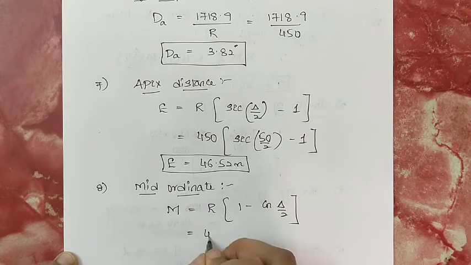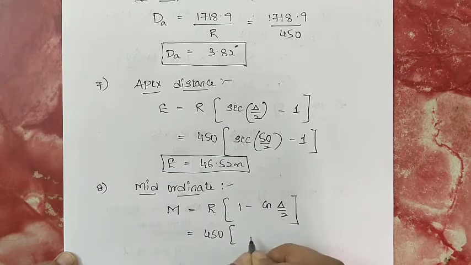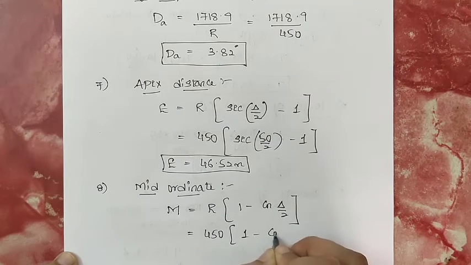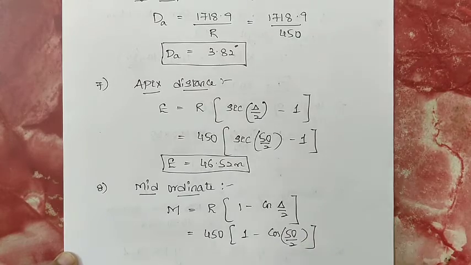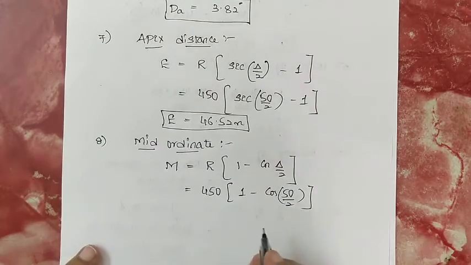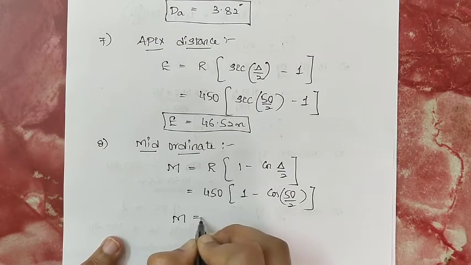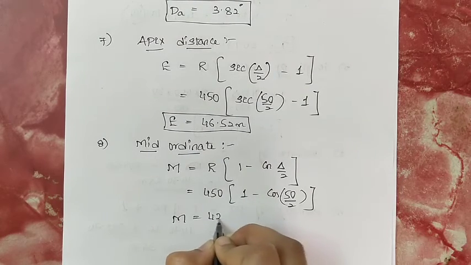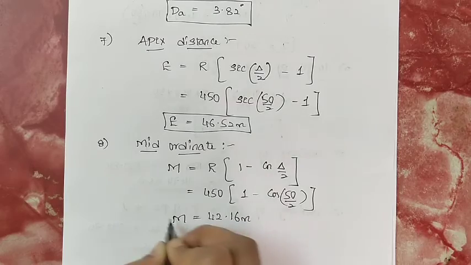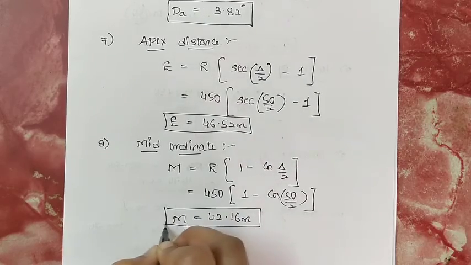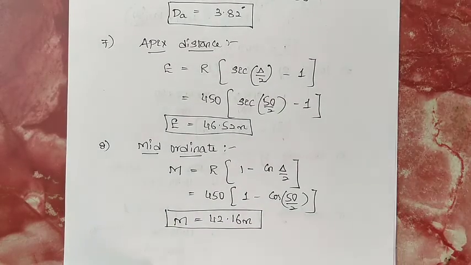Substitute the value 450 into 1 minus cos of 50 divided by 2. Upon simplification, you will get mid ordinate as M equals 42.16 meters. Thank you.